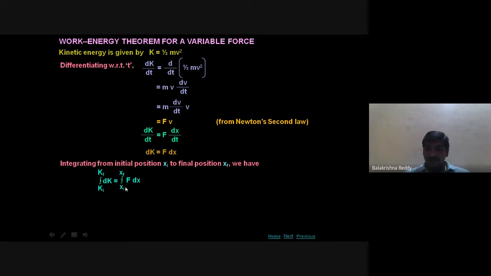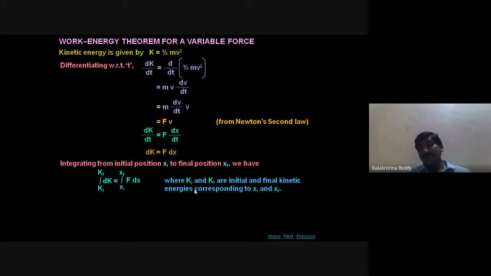Ki and Kf are the initial and final kinetic energies corresponding to the initial and final positions. After integration, dx gives x, and I substitute the final limit minus the initial limit. Therefore Kf minus Ki equals the integral from xi to xf of F dx.